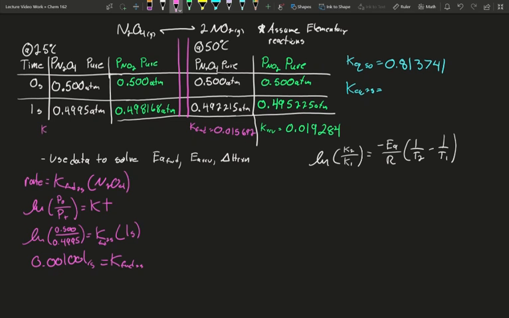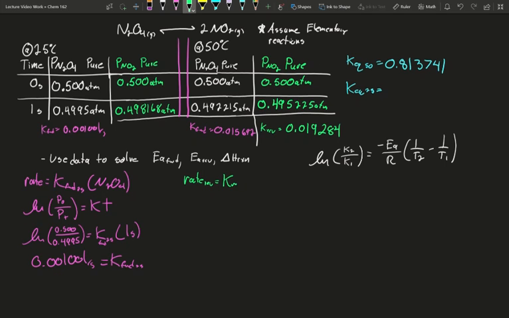So we now know our K forward at the lower temperature, 0.001001 per second.